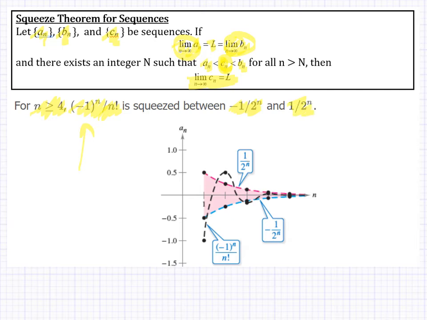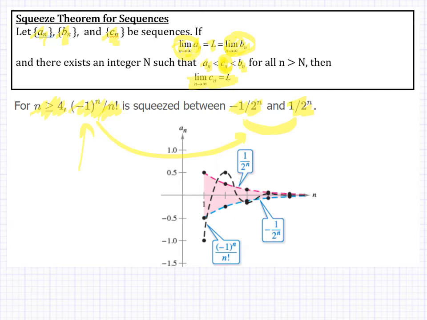Okay, we know that these two sequences are both going to converge to 0, and if this sequence is stuck in between those two, and we could show that by proving the inequality. We don't need to necessarily go through that here. Just the concept of the squeeze theorem is important.